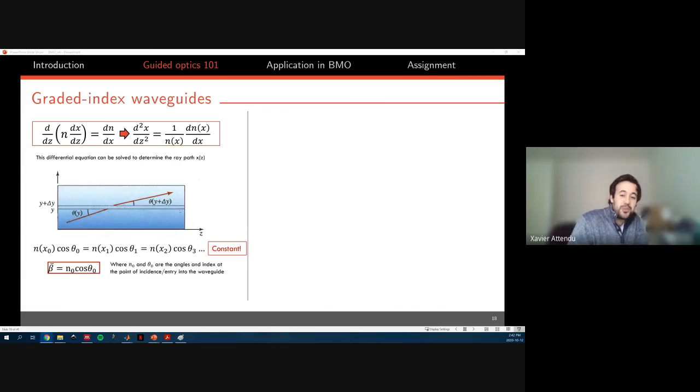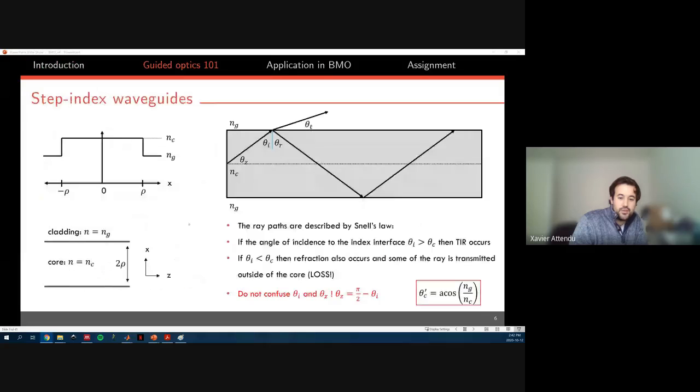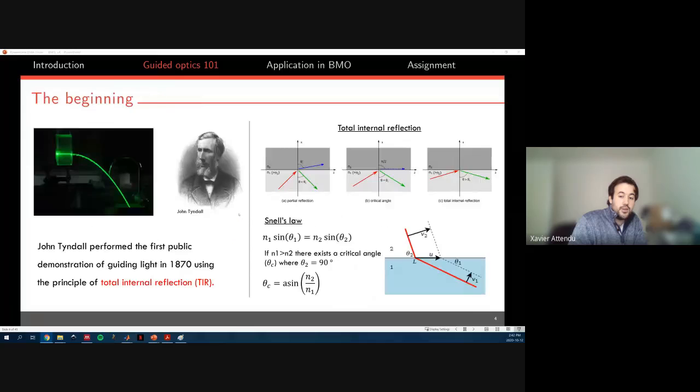Okay, so if we go back to the definition of the critical angle, right here. The definition of the critical angle is when the angle of incidence, so the angle between the normal to the surface and the interface, and the beam becomes 90 degrees.